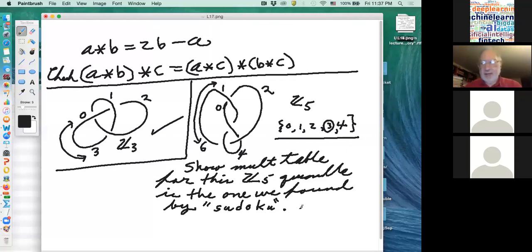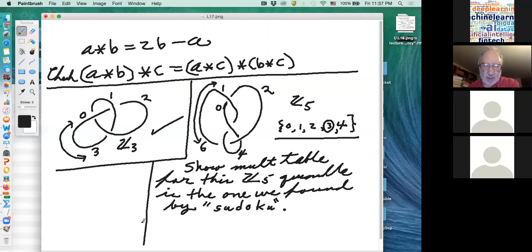But finding these modular number system quandles is quite amusing. And what you basically have to find out is the modulus involved. And you can try this out on other knots in the tables.